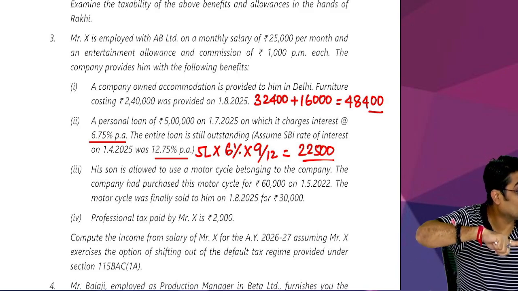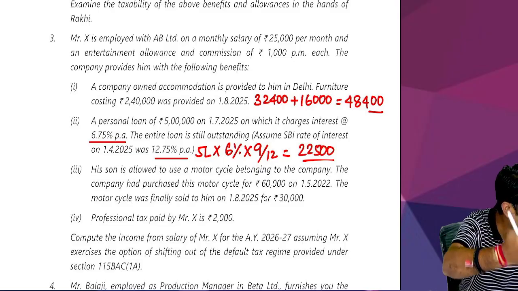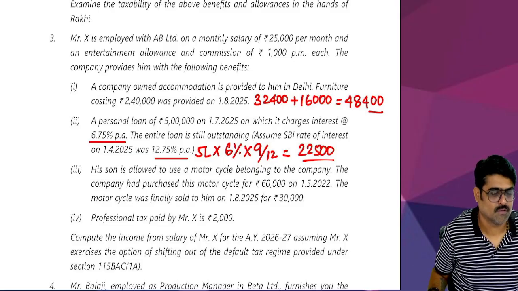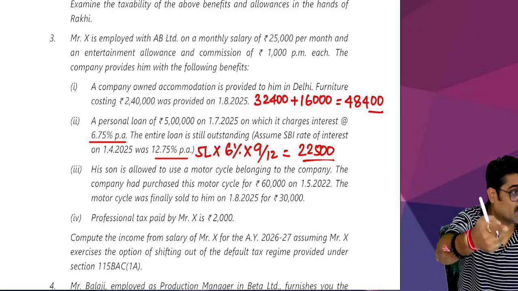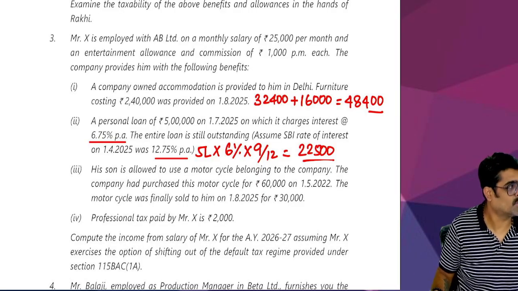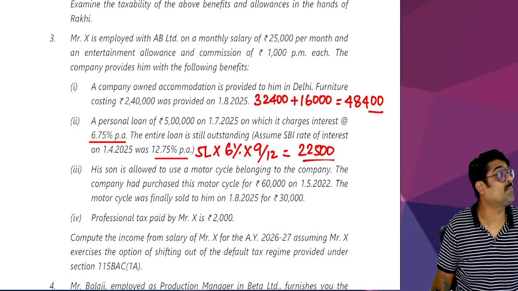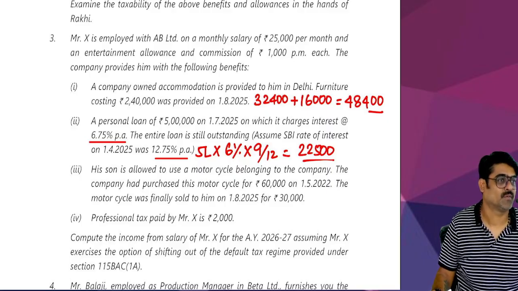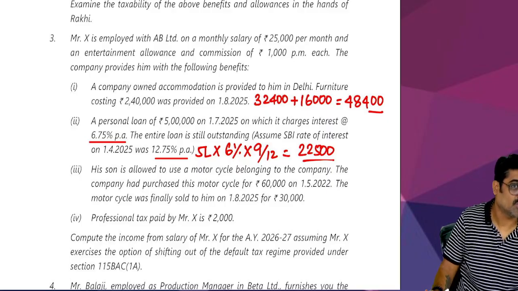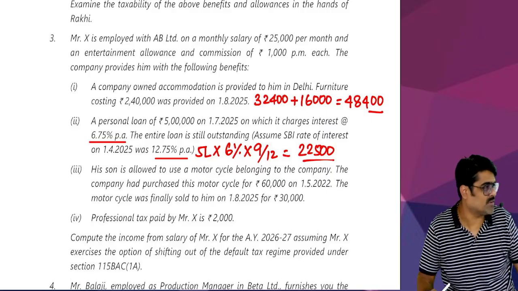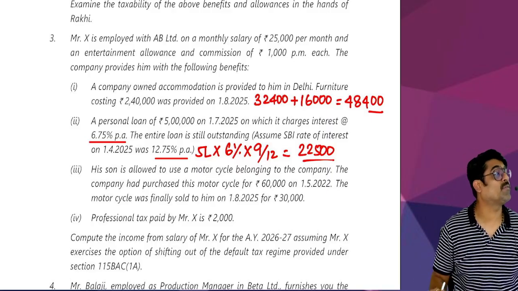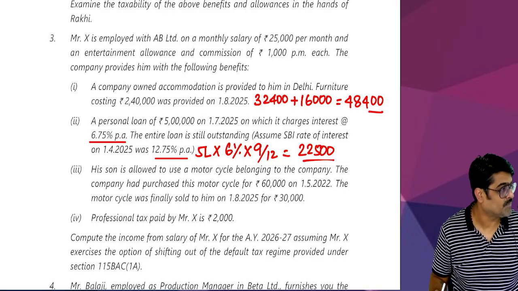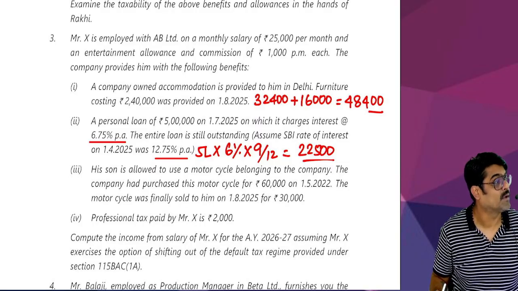First they are saying that motorcycle is given for use. So for use of any movable asset, 10% per annum will be the benefit. So your son is using the motorcycle, meaning you are getting a benefit of 10% per annum of the actual cost of that motorcycle.